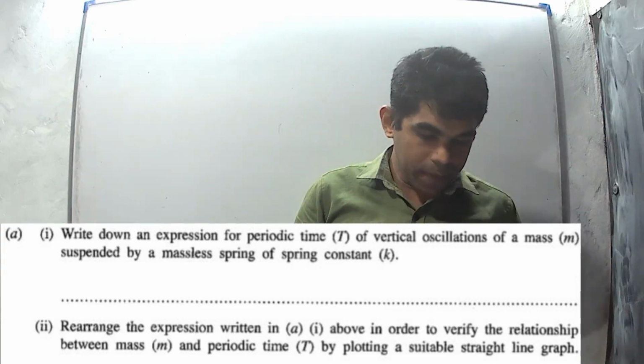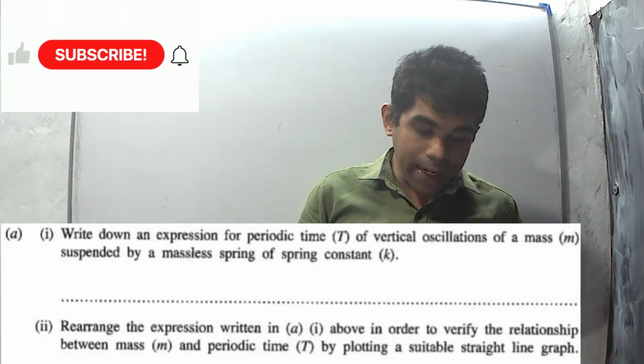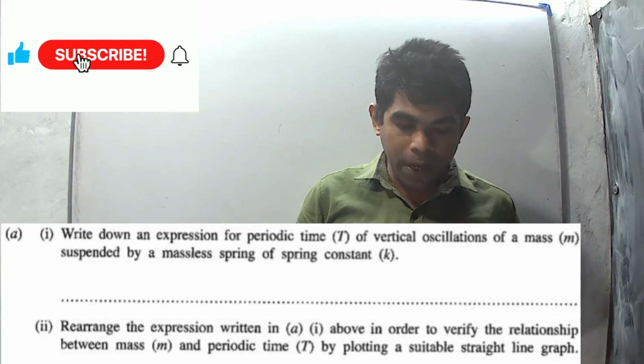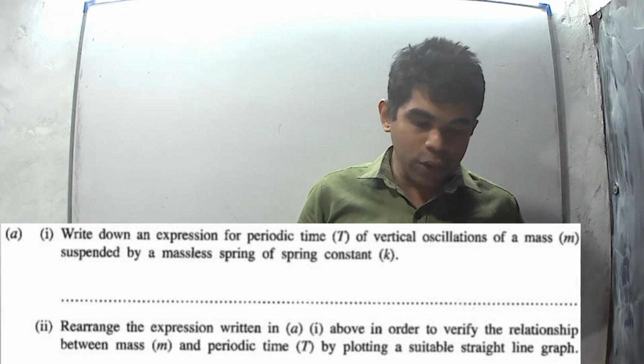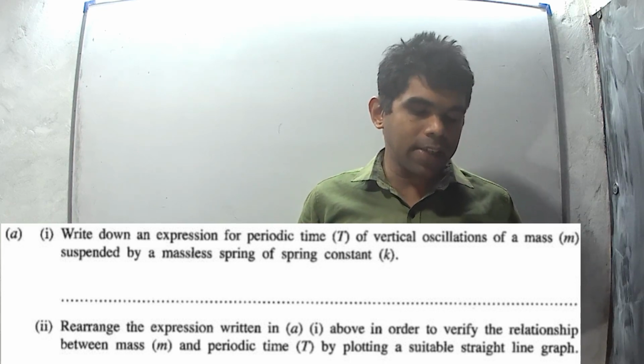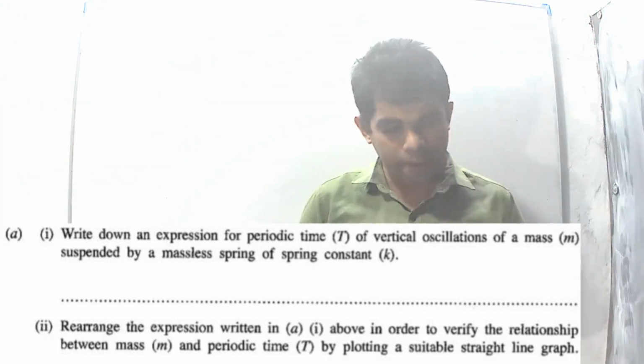Part A 1. Write down an expression for periodic time T of vertical oscillations of mass m suspended by a massless spring of spring constant k.